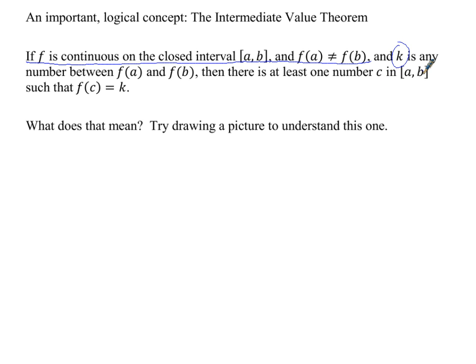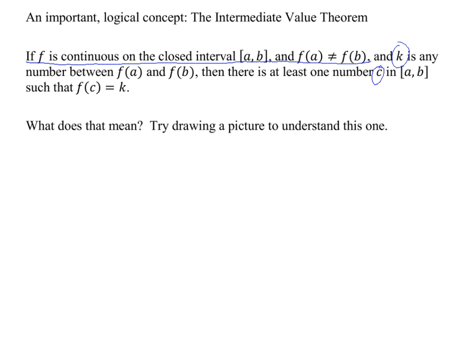So now if we're looking at a number over the interval from a to b, are we looking at the x-axis or y-axis? X-axis. So there's at least one number c over the interval from a to b such that the function at c is equal to this number k that we said was between f of a and f of b.